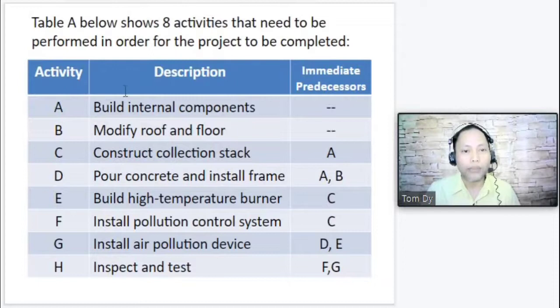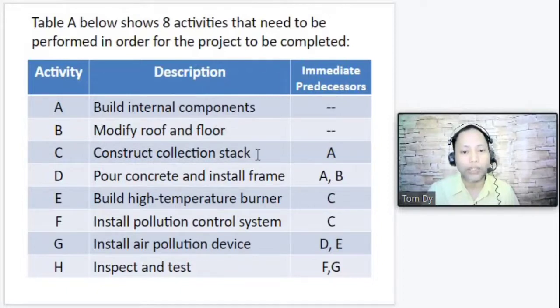Table A below shows 8 activities that need to be performed in order for the project to be completed. We have here the list of activities designated by letters A, B, C, D, E, F, G, H, and their descriptions. Activity A: build internal components. B: modify roof and floor.